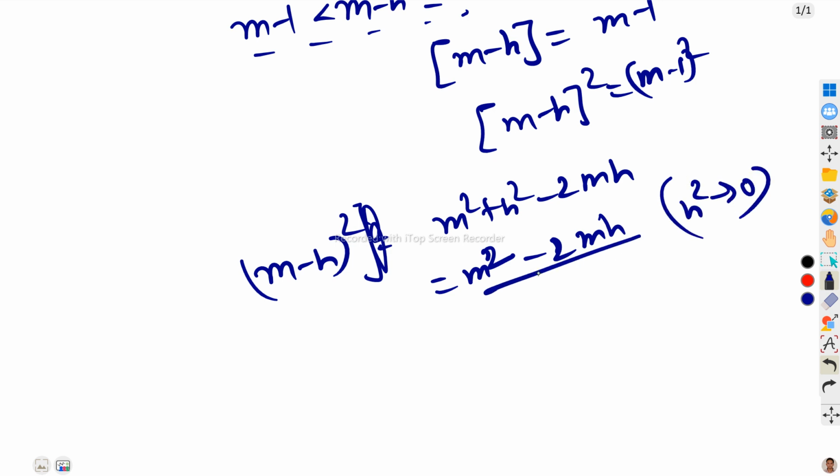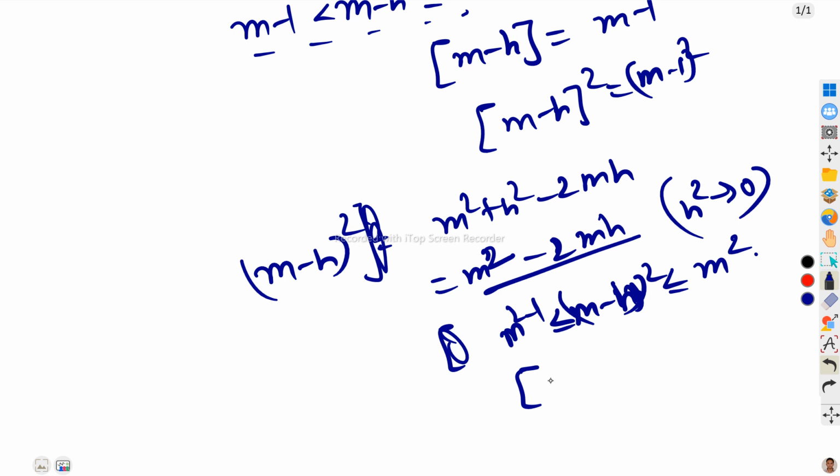So this value lies between m square minus 1 and m square. So the bracket of (m minus h) square equals m square minus 1.